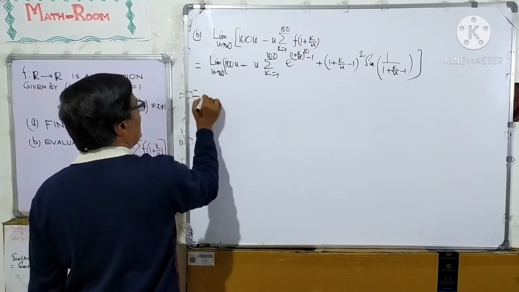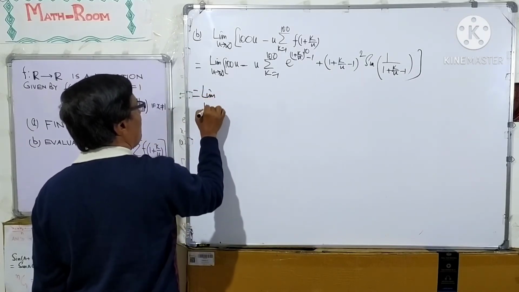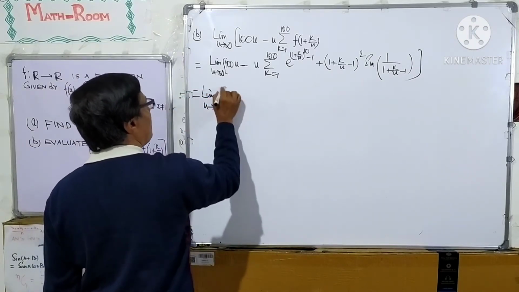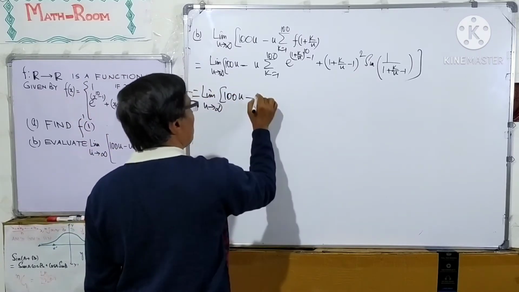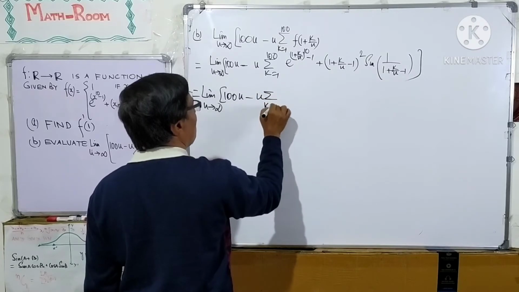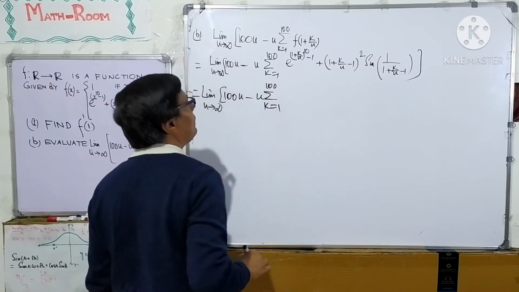So, the limit as u tends to infinity of 100u minus u times the summation from k equal to 1 to 100.